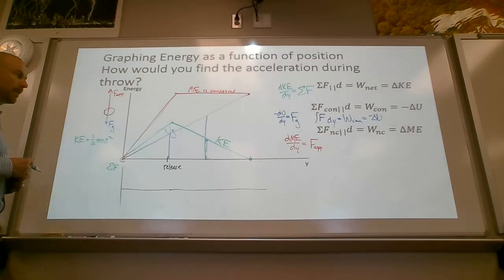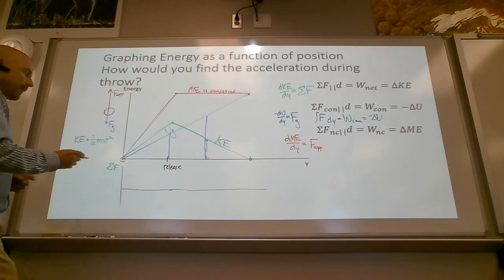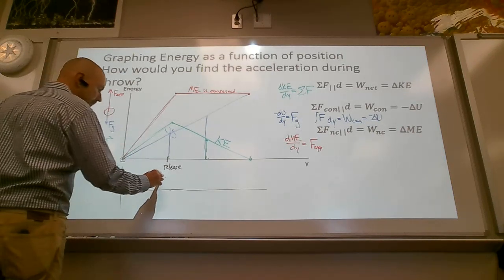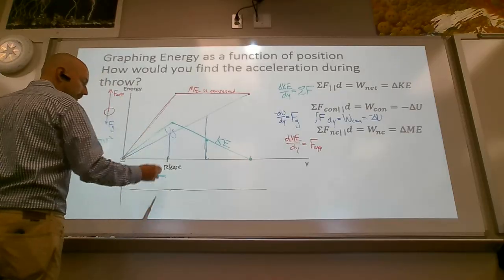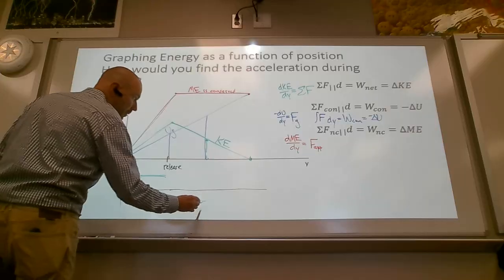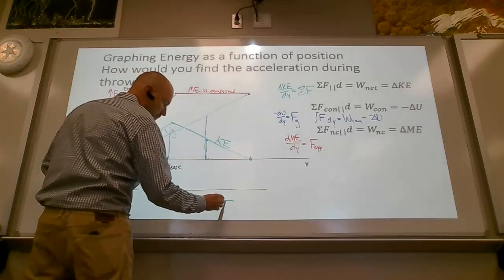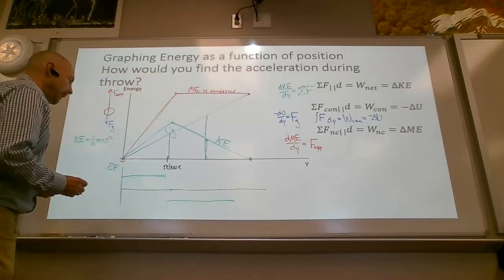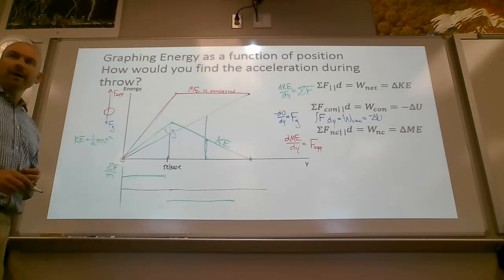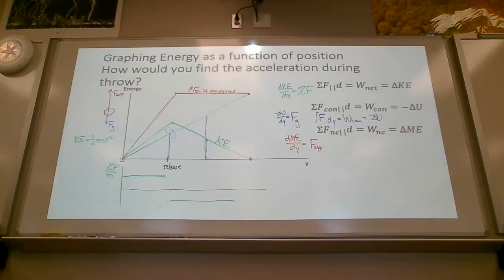You also know that after a certain position, is everybody good? You're going to graph force as a function of position. So you're going to have a positive slope here, then a negative slope here. And then all you do is take that and divide it by the mass, which is a scalar quantity. You're going to get the same shape, just different values.